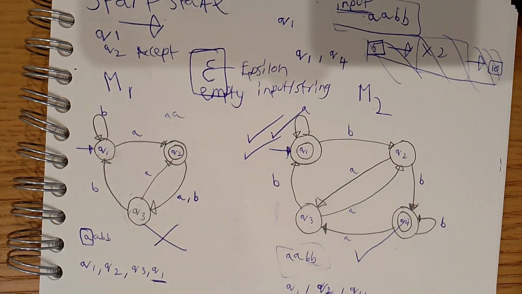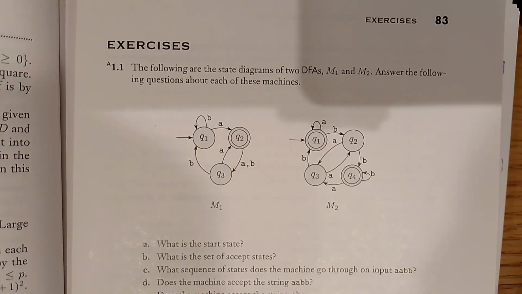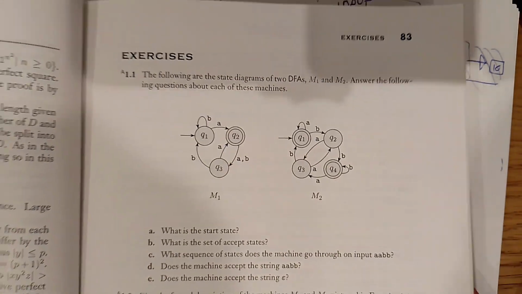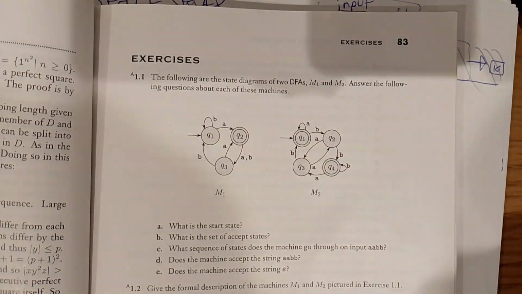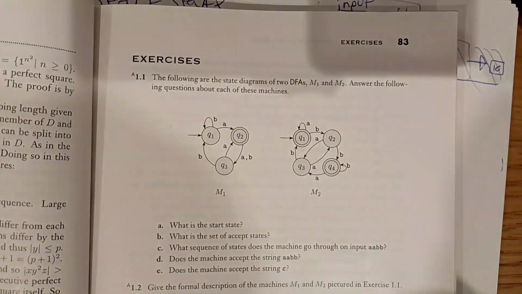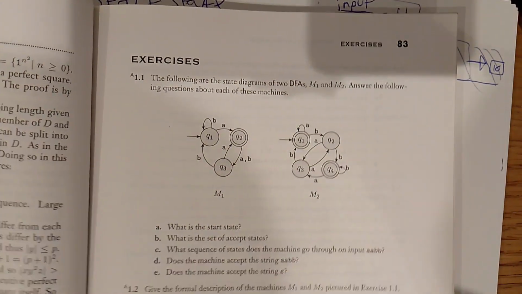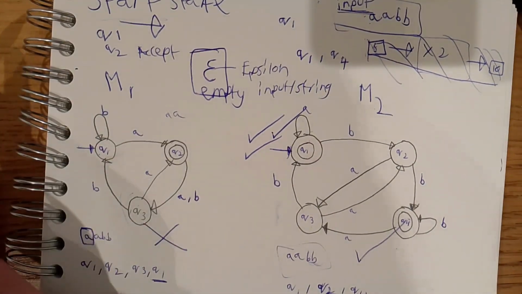Wow. We just did exercise 1.1 on the DFAs. We'll talk about what DFA means a little bit later in another video. We just wanted to give a brief overview of the terminology. I know I didn't explain it the best. I just tried to make an example.